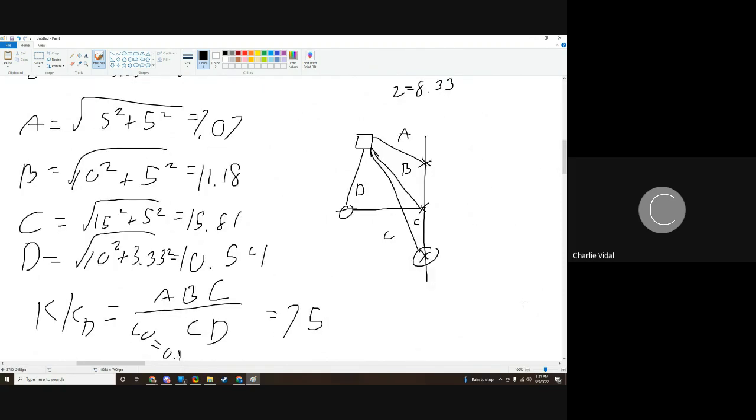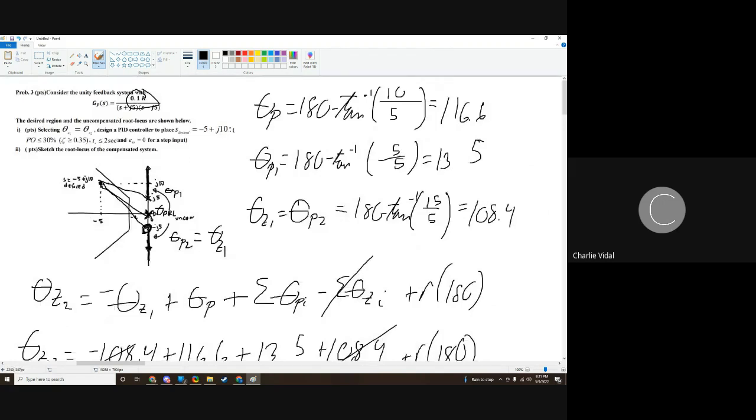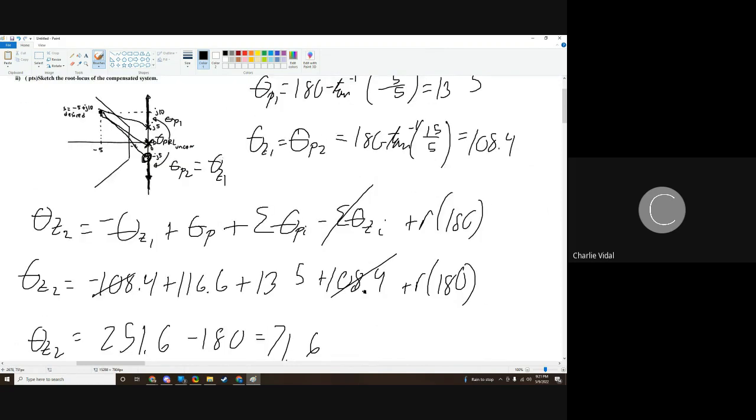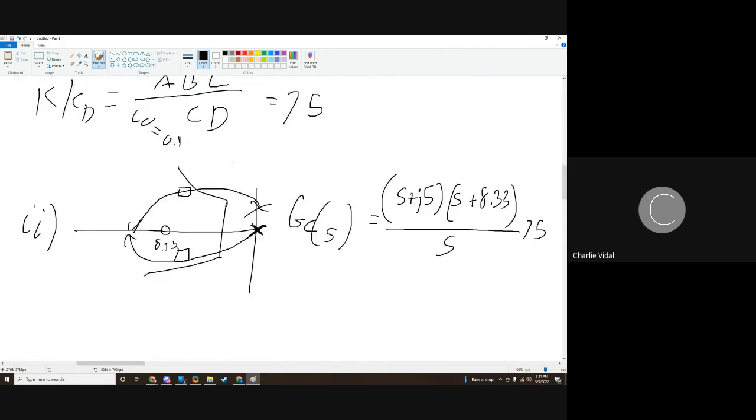You can multiply GC of S times GP of S, and then you would be able to cancel this one out, and you would look something like GC of S times GP of S. This is S on the bottom, S minus J5, I think.